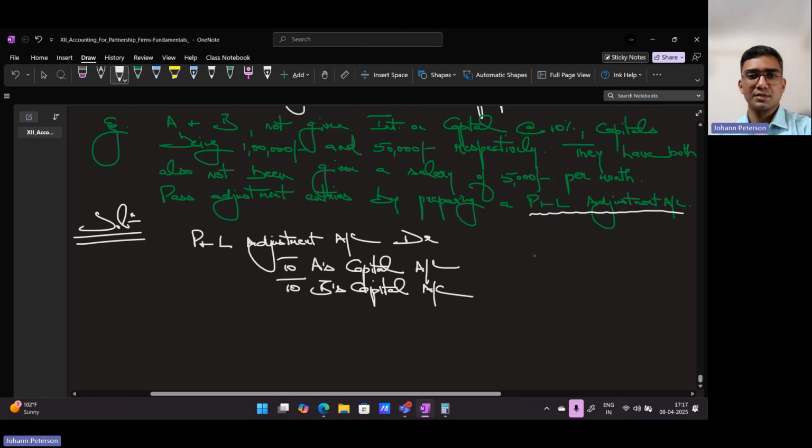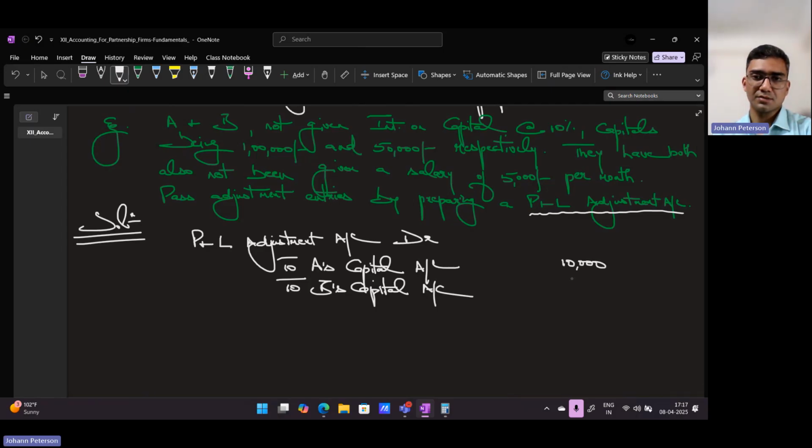The amounts will be 10% on 1 lakh and 50,000. That means 10% on 1 lakh is 10,000 and 10% on 50,000 makes it 5,000. Total is 15,000, which I will write here.